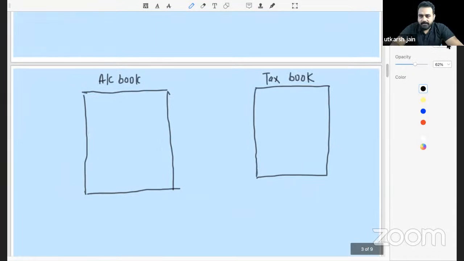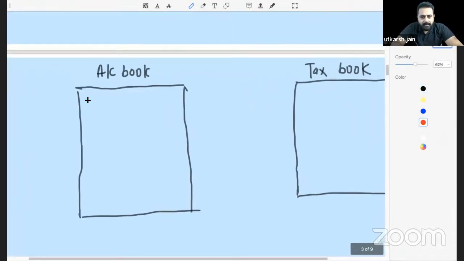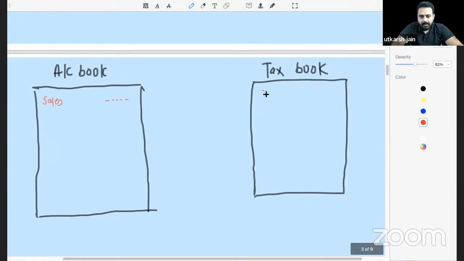The implication is, and this is where it gets super interesting, the sales value that I record in the accounting books and the sales value that I can record in the taxation book can be different. So it is quite possible that you might end up having a different value of sales in the accounts book and taxation book, because the rules are different, right?